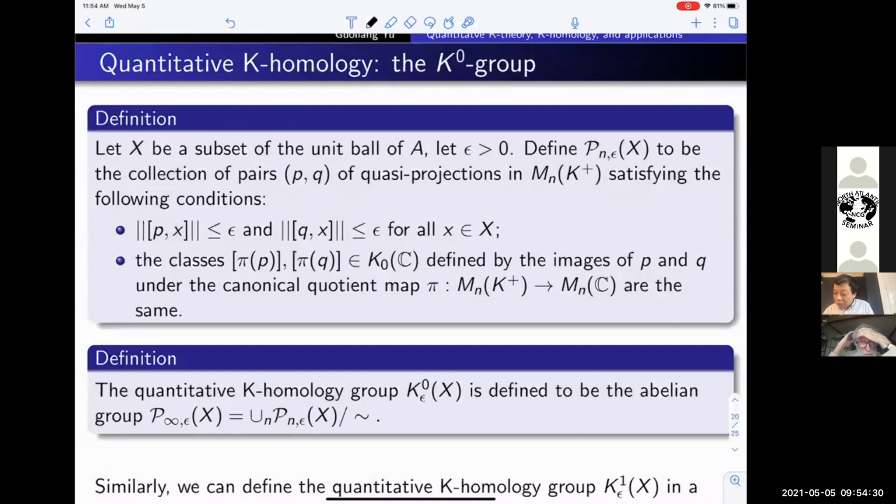Here is the concept of quantitative K-homology. I want to say it's very elementary.